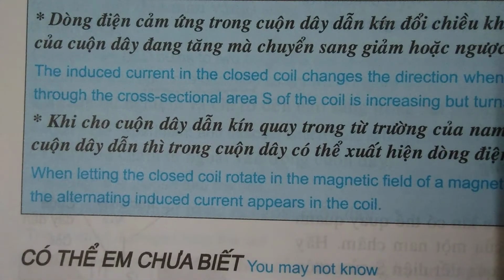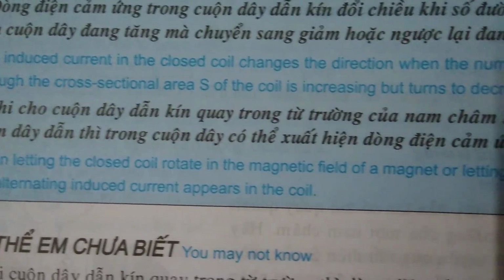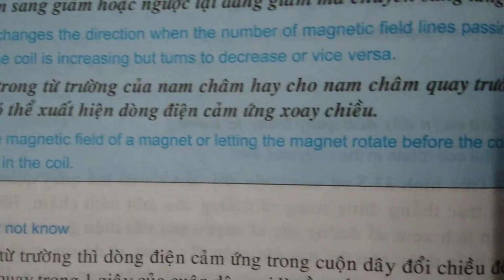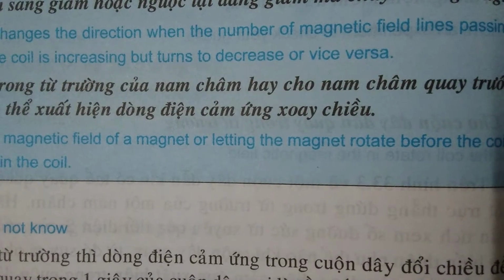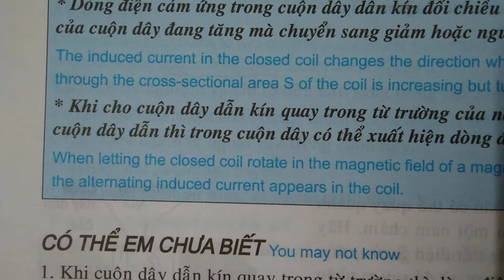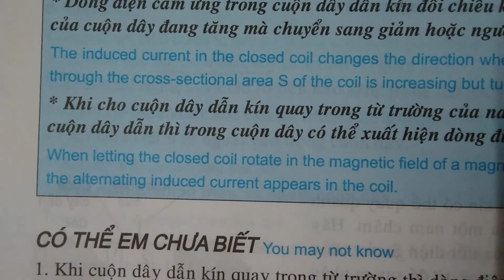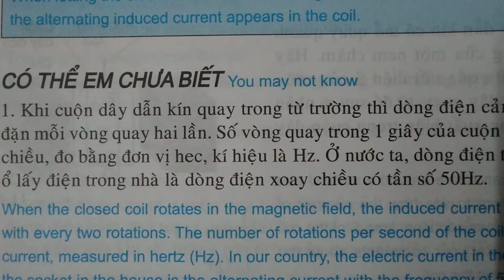When letting the closed coil rotate in the magnetic field of a magnet, or letting the magnet rotate before the coil, the alternating induced current appears in the coil.